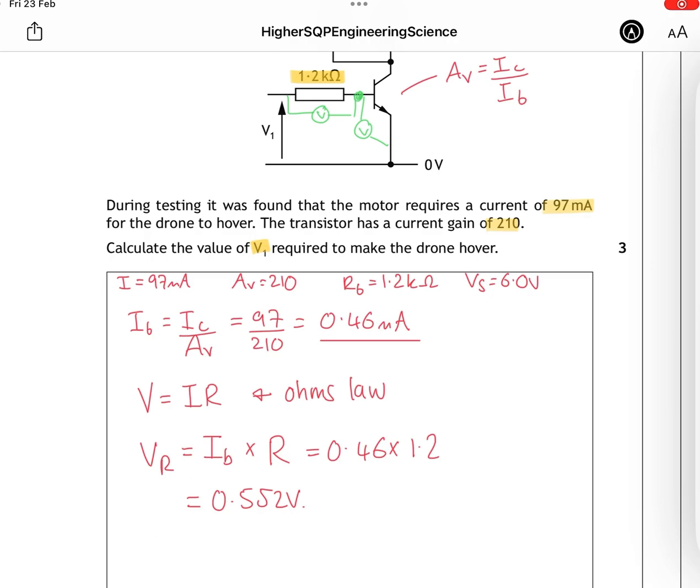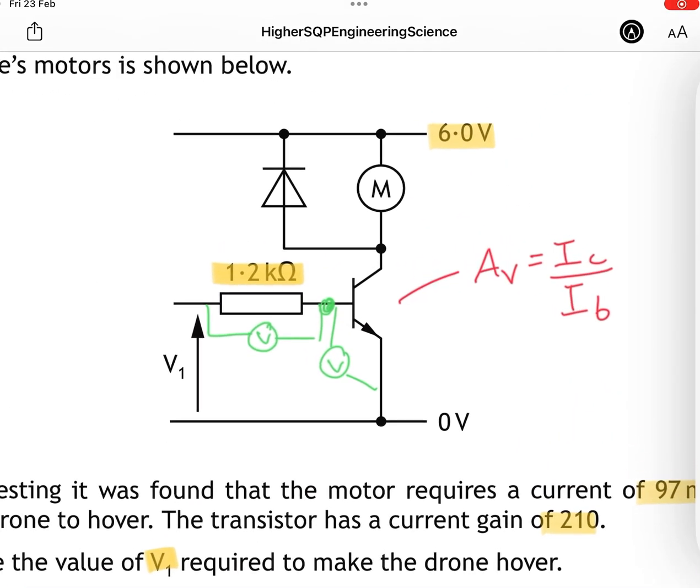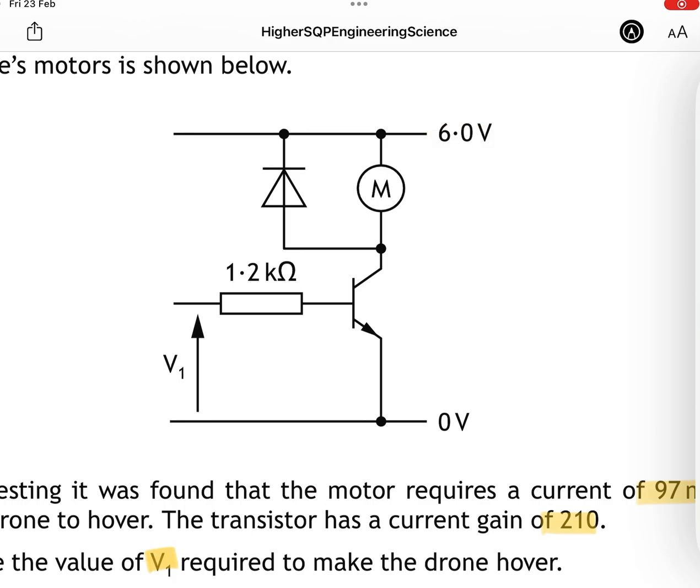Now, again, looking back at this diagram, just erase this to try and make it a bit clearer. The voltage V1 is between this point and this point.